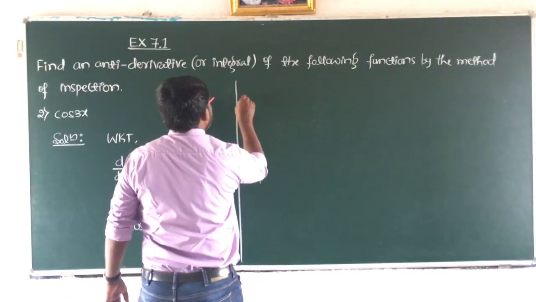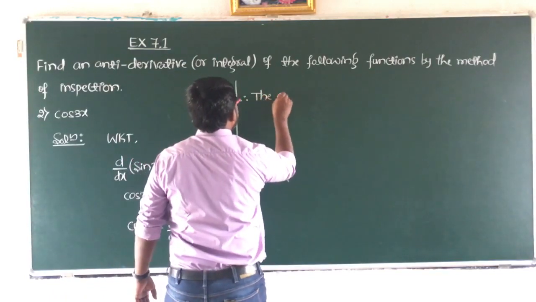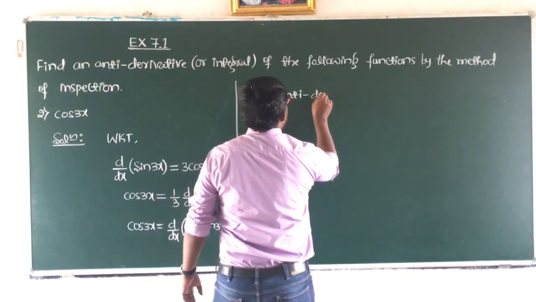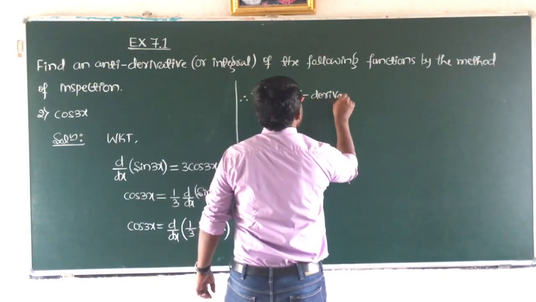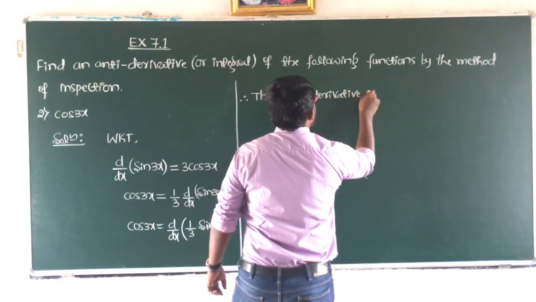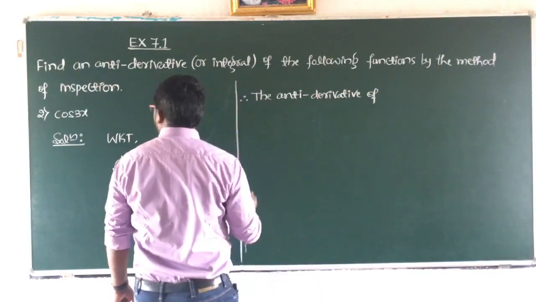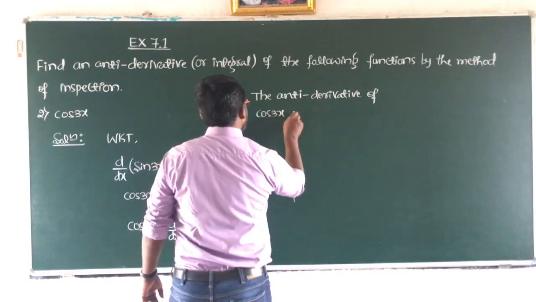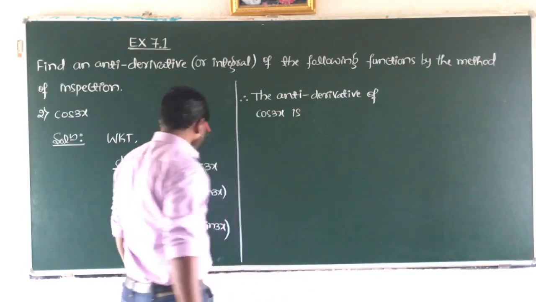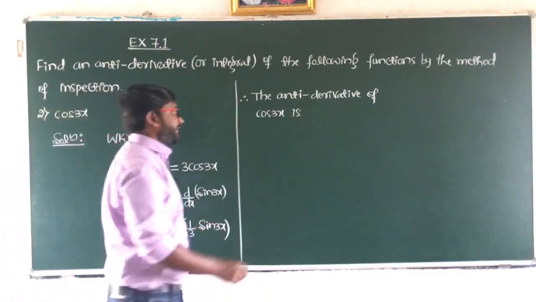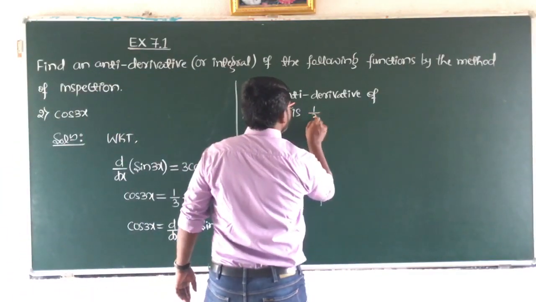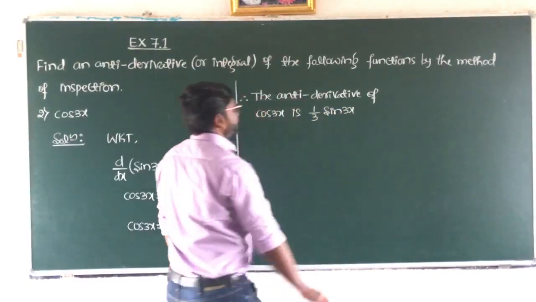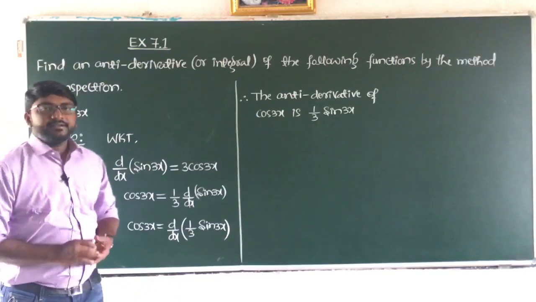Therefore the antiderivative of cos 3x is 1 by 3 sin 3x. So this is all about the second problem.